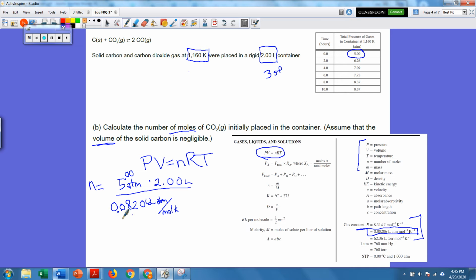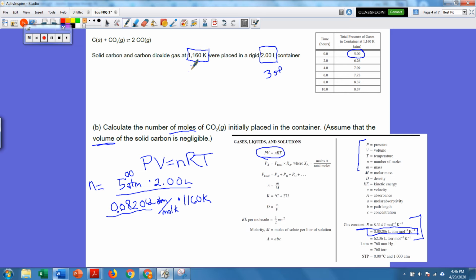This is an example of where you would not round until you get to the end of the problem. So you are given this number of significant digits for your R in this case. Go ahead and plug that number of significant digits into your equation, and we'll round the end result to the nearest 3 significant figures. Then our temperature is the other part of our denominator, and that's going to be our 1,160 Kelvin, which, if you remember back to significant figures, that final 0 is not considered a significant figure.